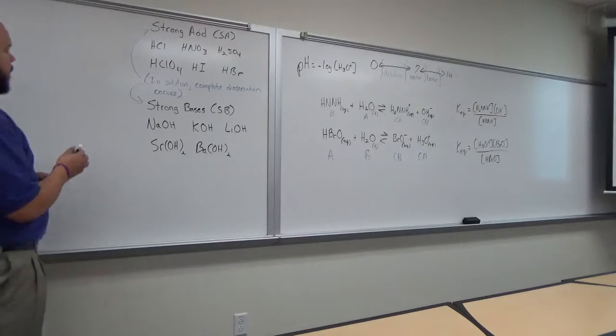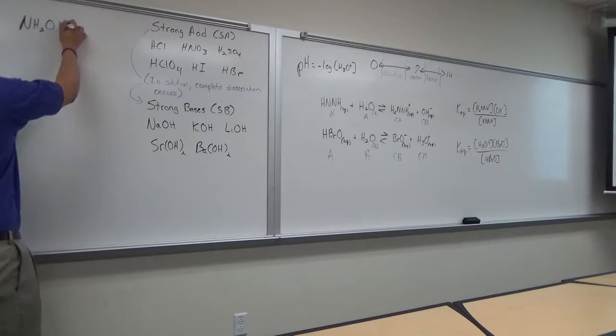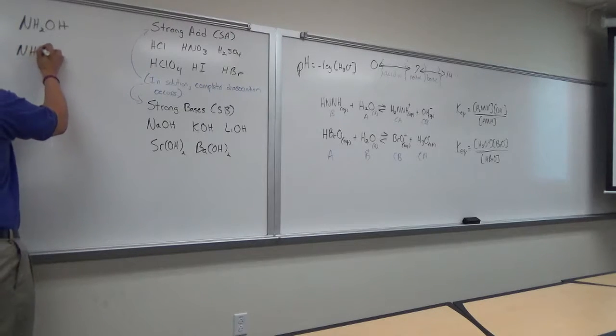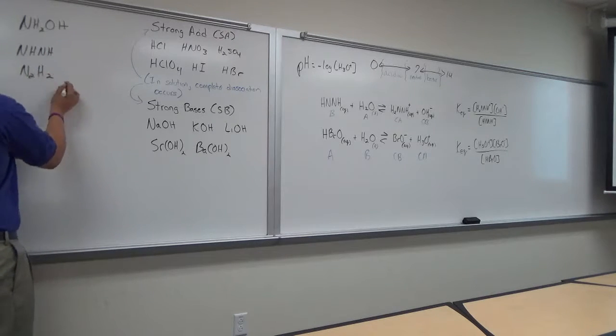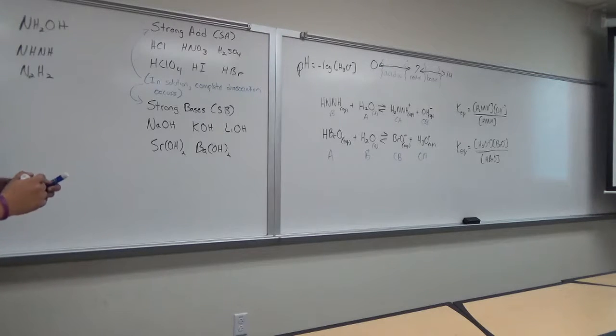If you notice, even with that last example that I wrote, it was NH2OH. So this should have been better written as NHNH or N2H2. So generally speaking, whenever you see nitrogen, it is almost always going to be a base.